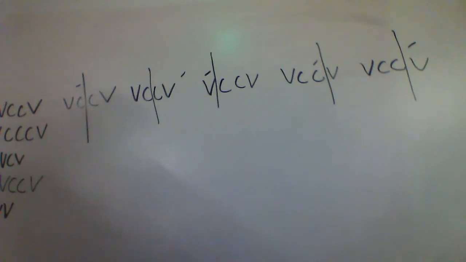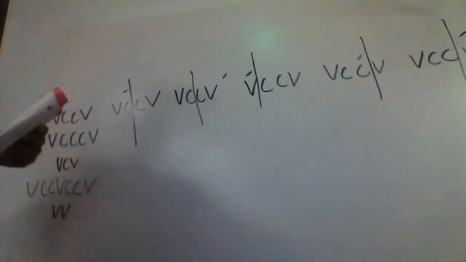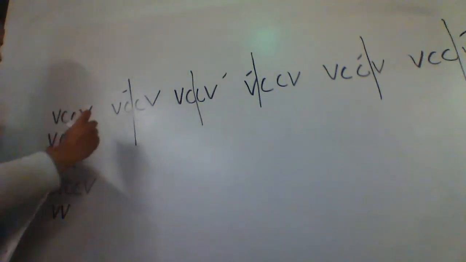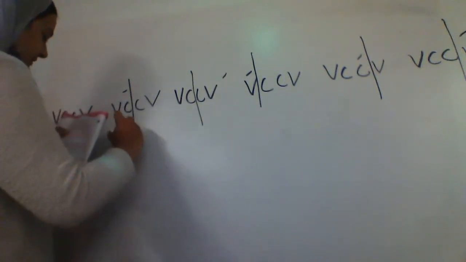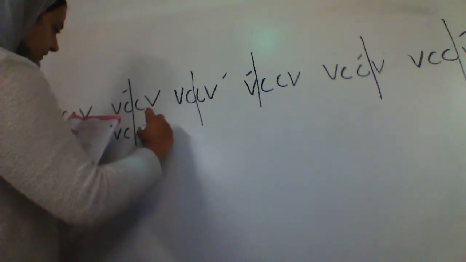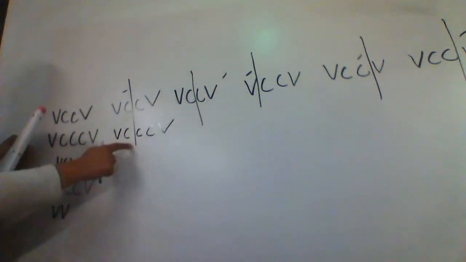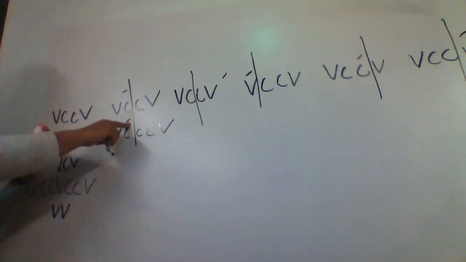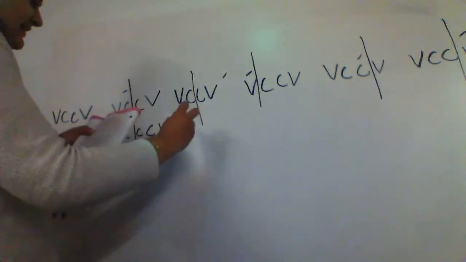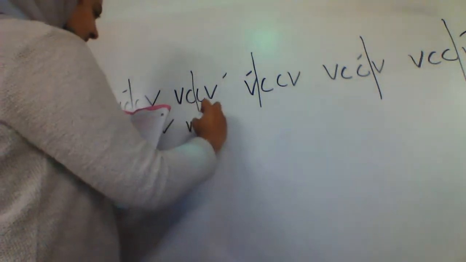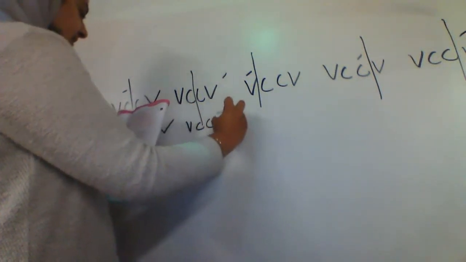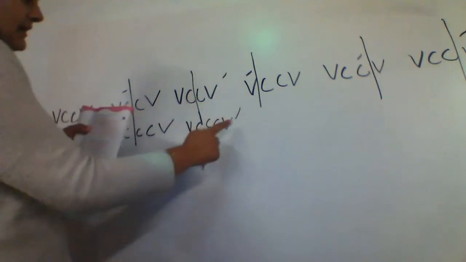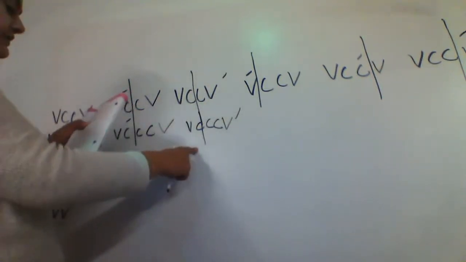Let's look at the next set. We have the V, C, C, C, V, the three C's. What's one way we can divide that? Oh, look, it's already divided. Right there, and the accent goes there in the beginning. Another way is V, C, C, C, V. Accent can go at the end, and it's still divided after the first consonant.